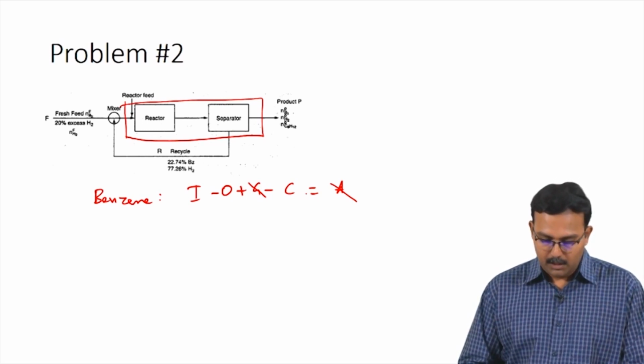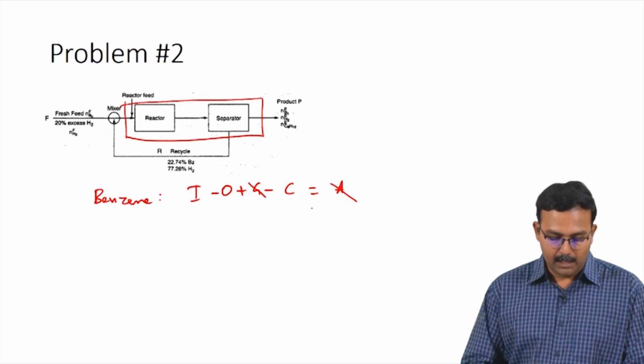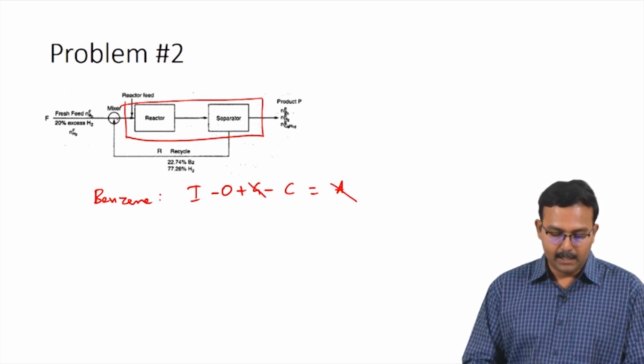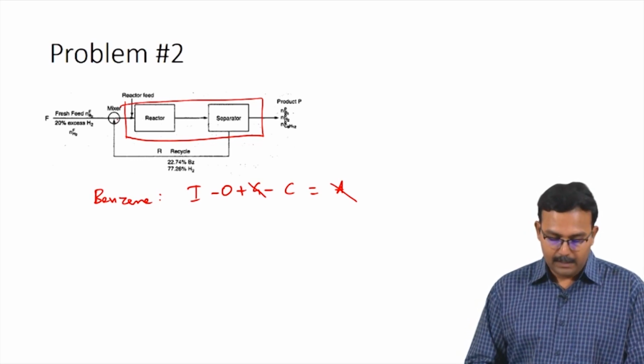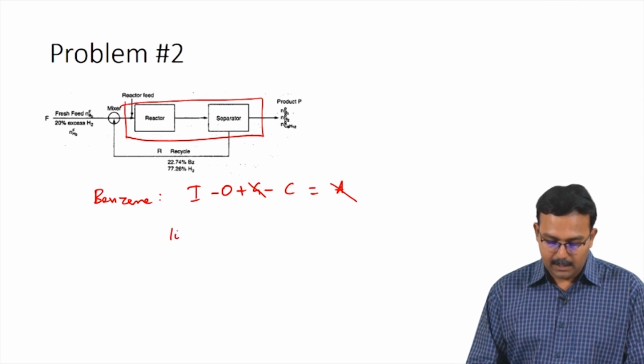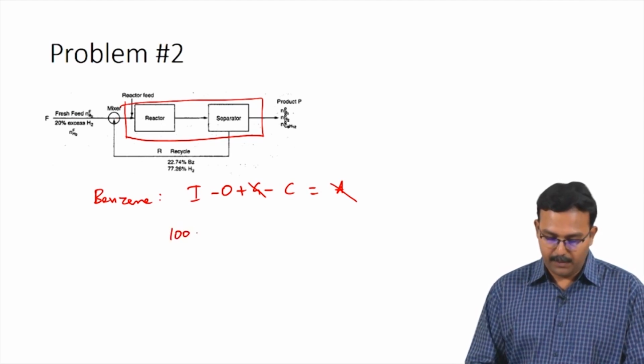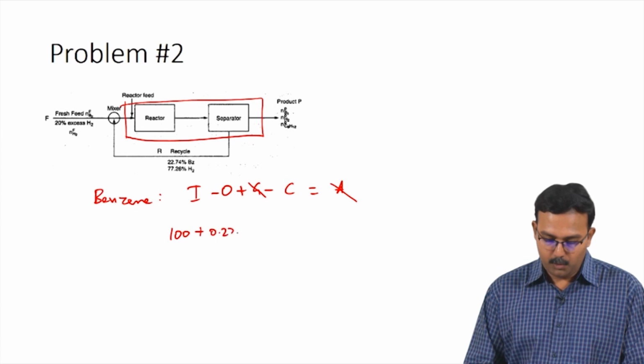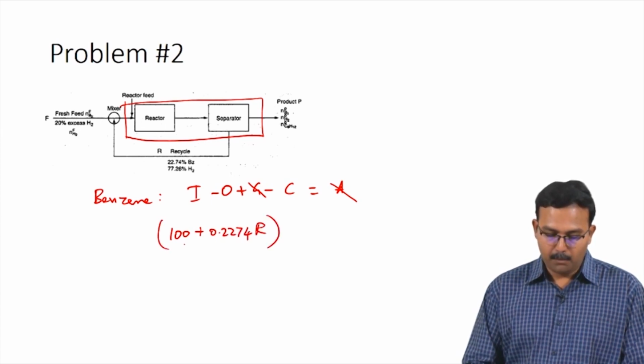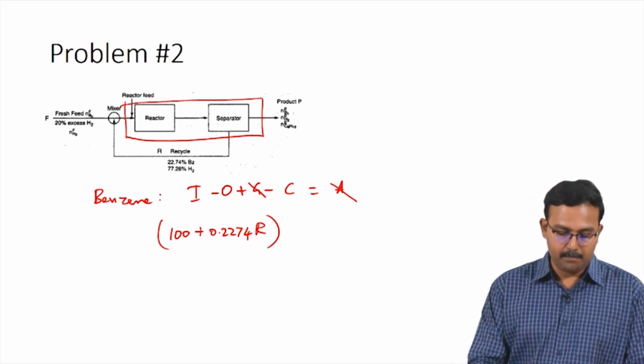So, your equation is this. Now, you have benzene entering in the form of the total feed. So, the total feed basically is 100 moles of benzene in the fresh feed plus 0.2274 times R, which is the number of moles of benzene in the recycle stream.